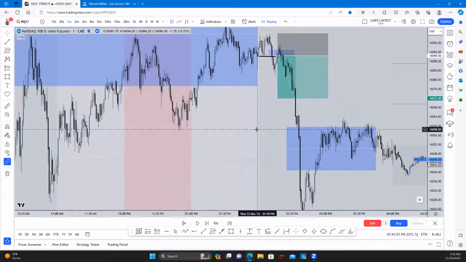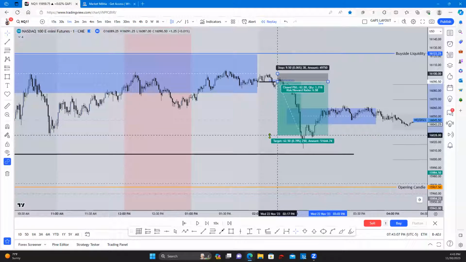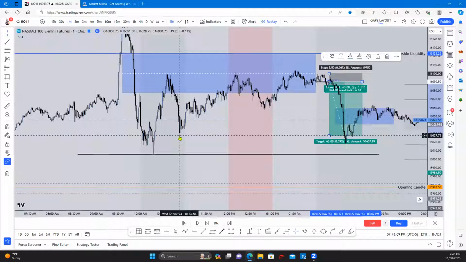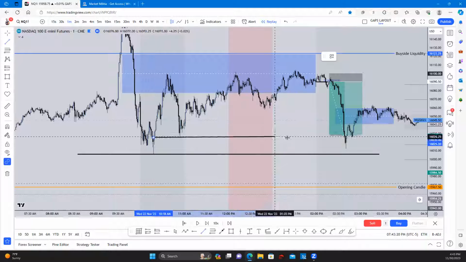And then we can target these lows or target this low here, down here. Relative equal lows right there. So this low here is pretty clear to this low. And here, relatively equal lows there.